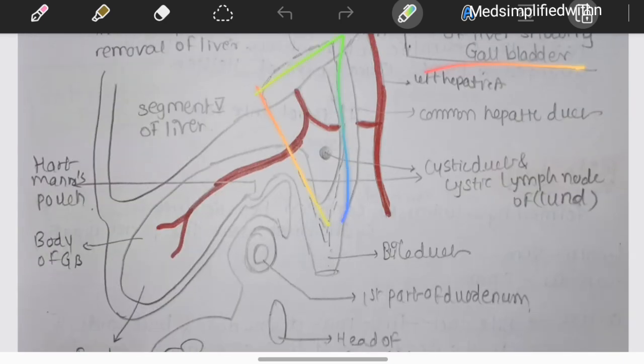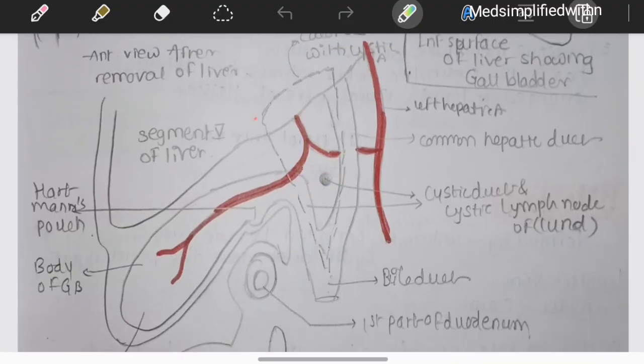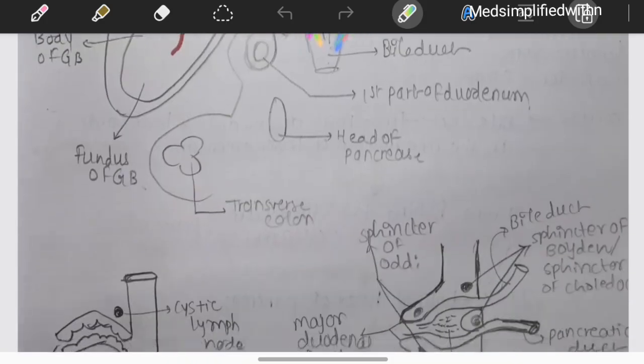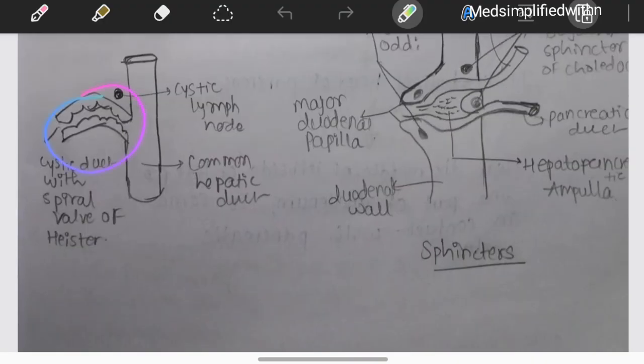It is the Callot's triangle. It contains the cystic artery and cystic lymph node of Lund. Borders are the inferior border of the liver, cystic duct, and common hepatic duct. Then these are the spiral folds of Heister at the cystic duct.